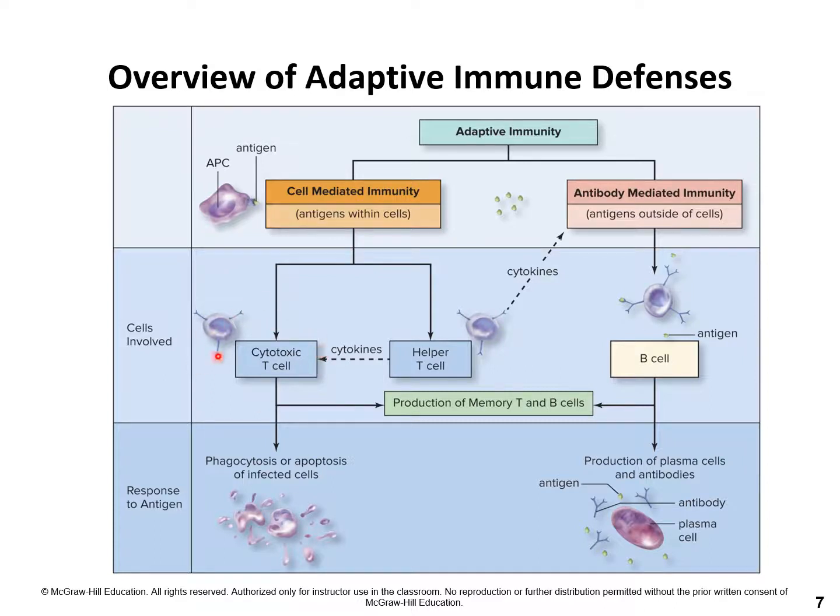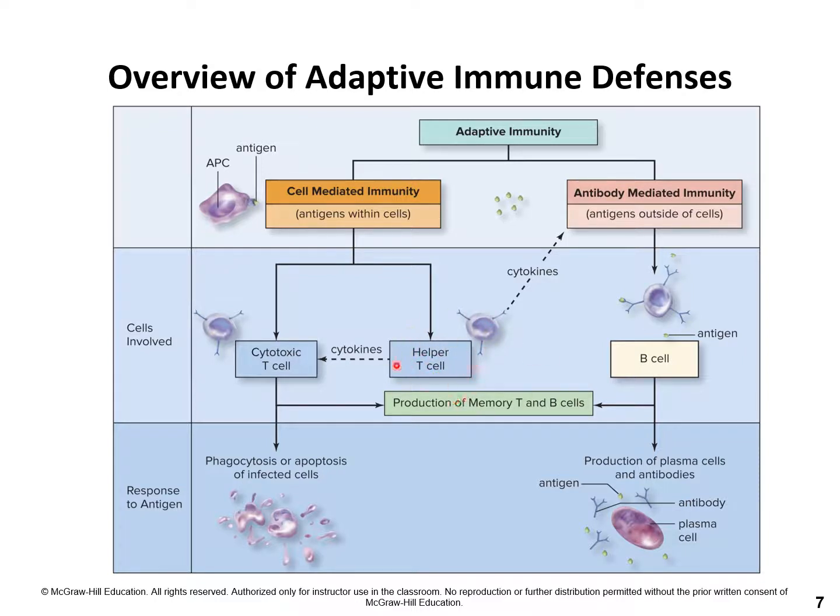After they have encountered an antigen, they will produce T cells that have a memory. Those cells that have encountered the antigen will produce memory cells and go through that maturation process in the thymus. These cytotoxic T cells are activated by a type of T cell called a helper T cell.